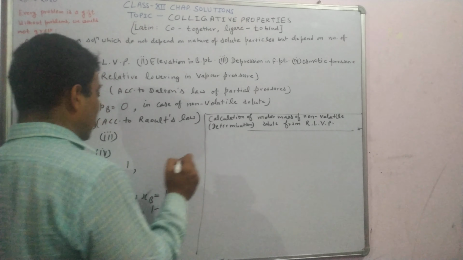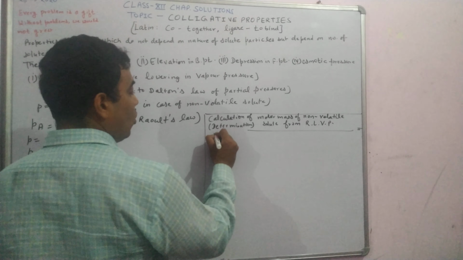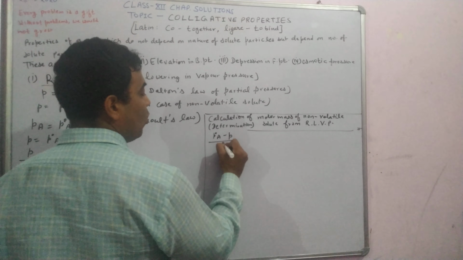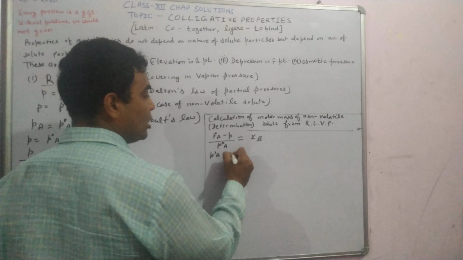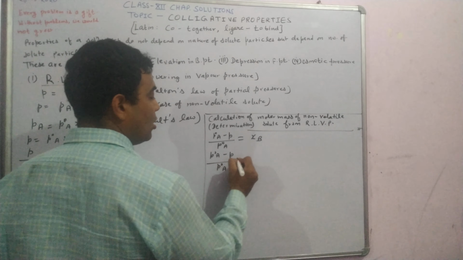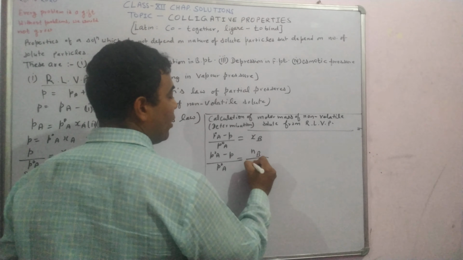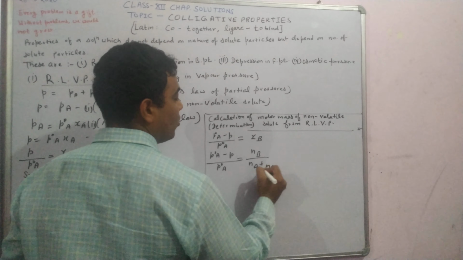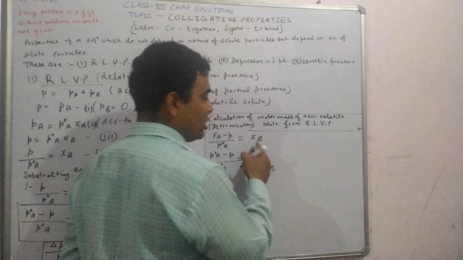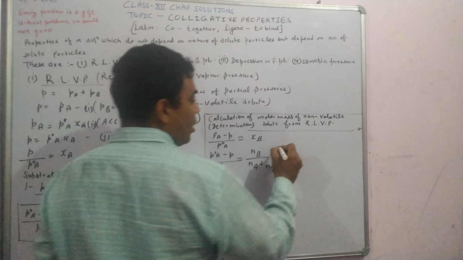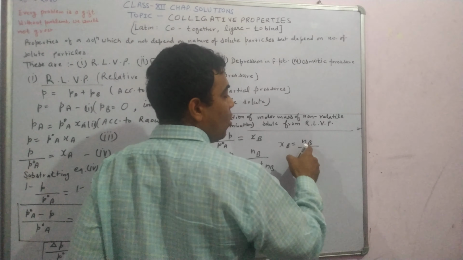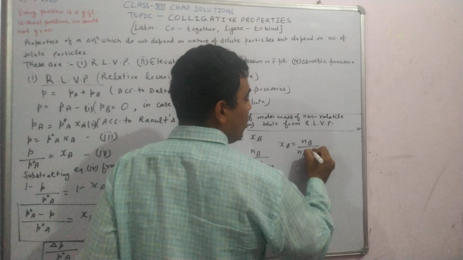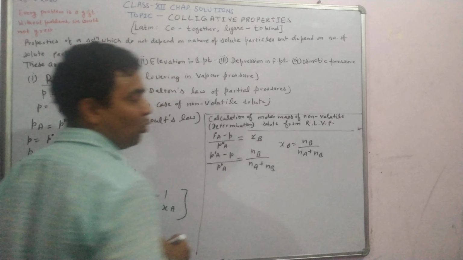First of all we will put the equation: P node A minus P divided by P node A is equal to XB, and we can write P node A minus P divided by P node A is equal to NB divided by NA plus NB, because XB, the mole fraction of the solute, will be equal to the number of moles of solute divided by the total number of moles of all components.